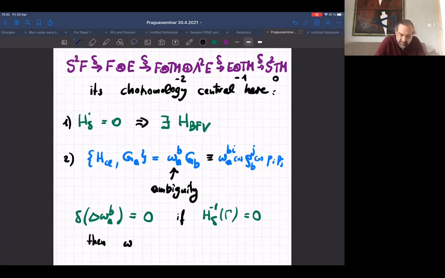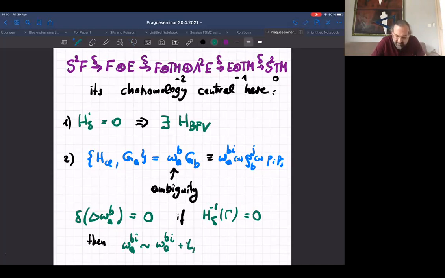So omega AB is equivalent to omega AB, with the index I still there, plus one part coming from F tensor Tm.